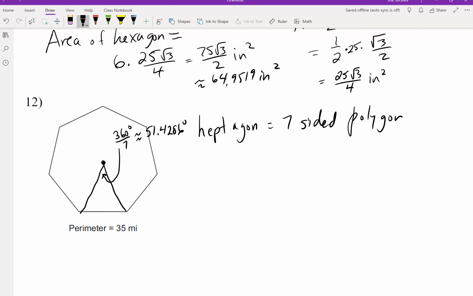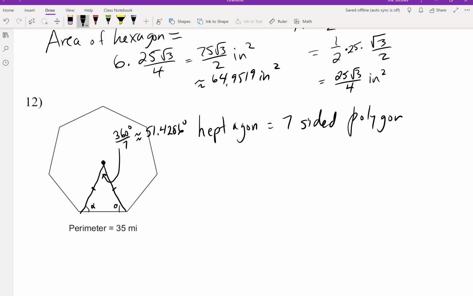That means I can figure out these other two angles at the bottom, okay? Because I know that this is an isosceles triangle. Those two lengths are the same, which means that these two angles are the same. And we know that the sum of the angles has to add up to 180 degrees. So if I want one of these, let me just call it alpha.